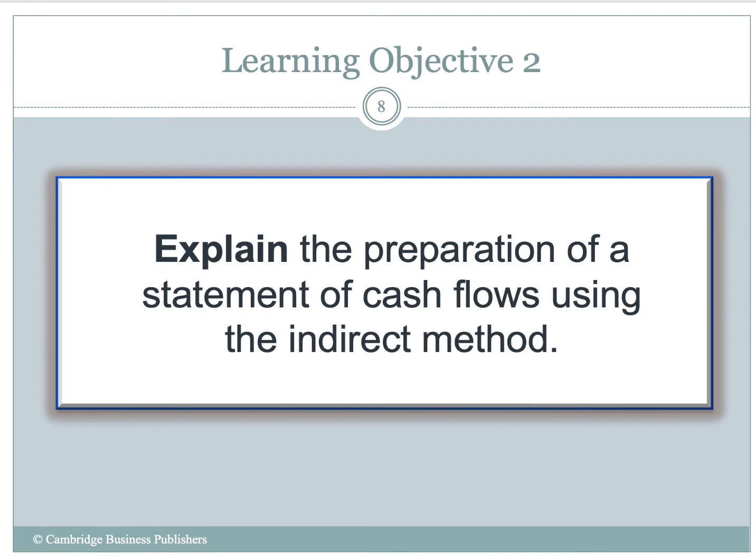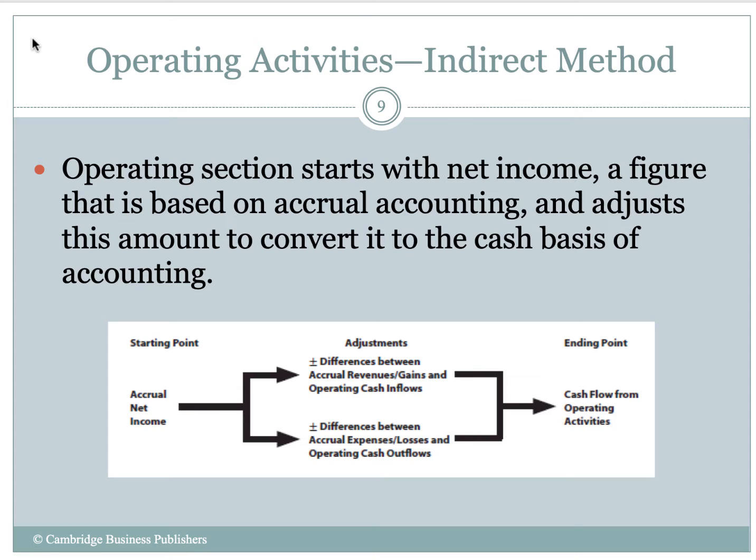Okay. So the first thing we need to look at is the operating section, right? And we need to identify what's our starting point, figure out what are the adjustments in the accruals that we have that actually convert our accrual accounting to the cash basis.